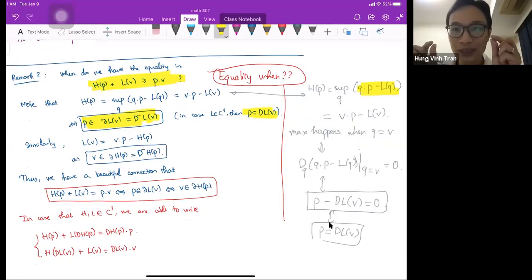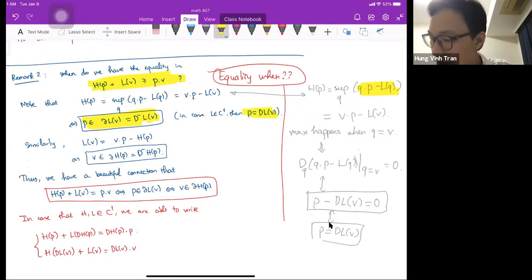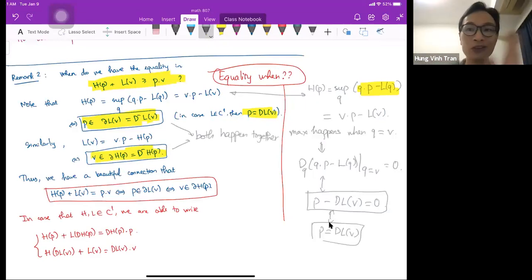So when equality happens, it happens for both the dual formula for H and the dual formula for L. So what is important here is that both happen together. This is amazing. Not just one, but both. So keep this in your mind. And I put a box here.